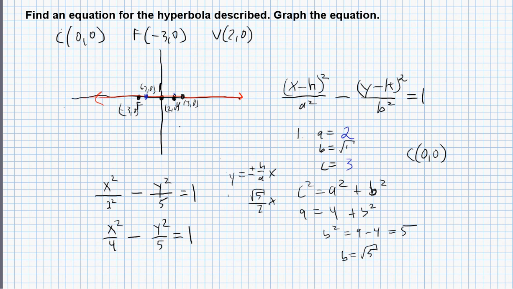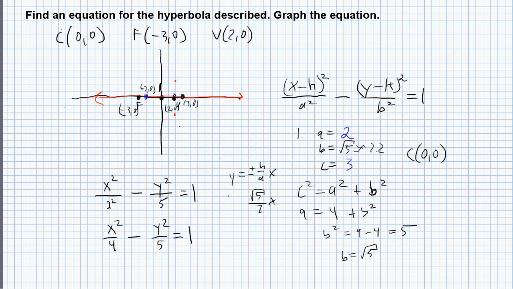Rad 5 is about 2.2-ish. To count the slope of your asymptotes, you always start at the center point. I'm going to use red for this. We count over 2 for the a, 1, 2, and then up rad 5, which is about there. And then over 2 for the a, and down rad 5, the negative square root of 5.